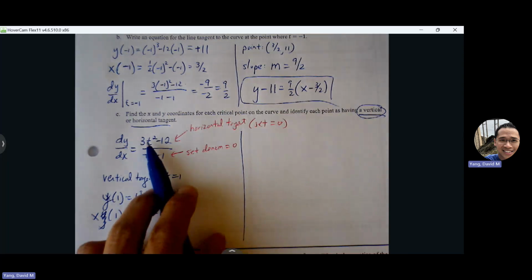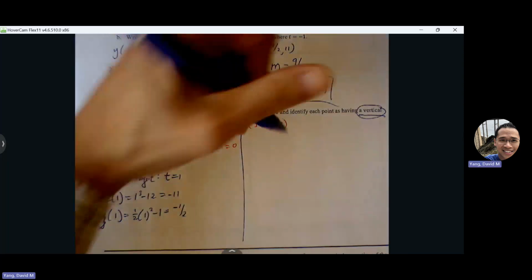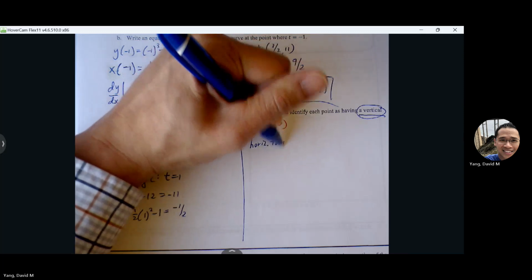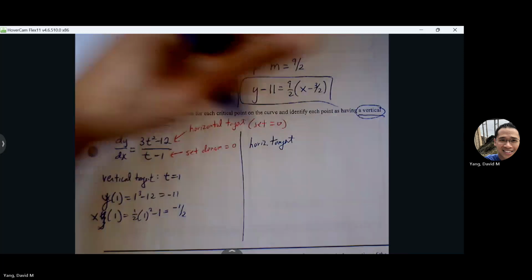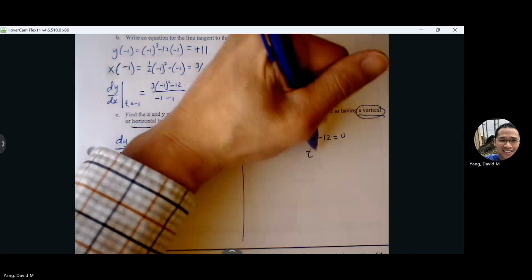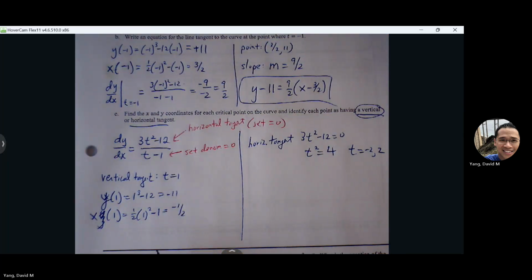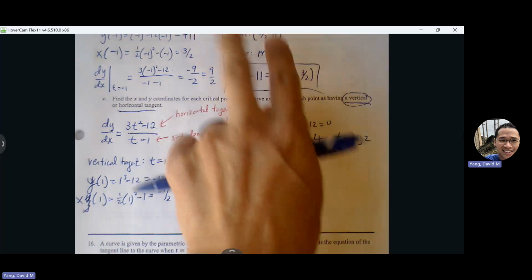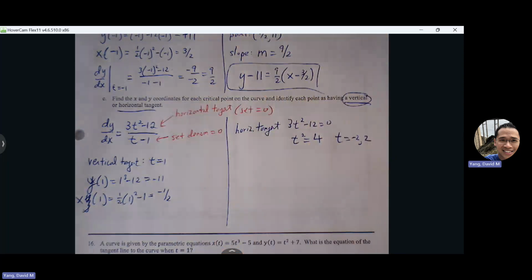Horizontal tangent. Set that equal to 0. So we actually have two different t values that can cause horizontal tangents. So we'll plug -2 into the original equation, and 2 into the original equation.